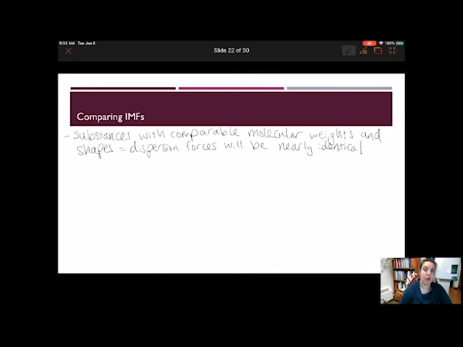Okay. What about when we have substances that differ wildly in molecular weight? If we have one substance that is very heavy, one substance that is very light, then our dispersion forces are going to weigh out as the strongest intermolecular force.